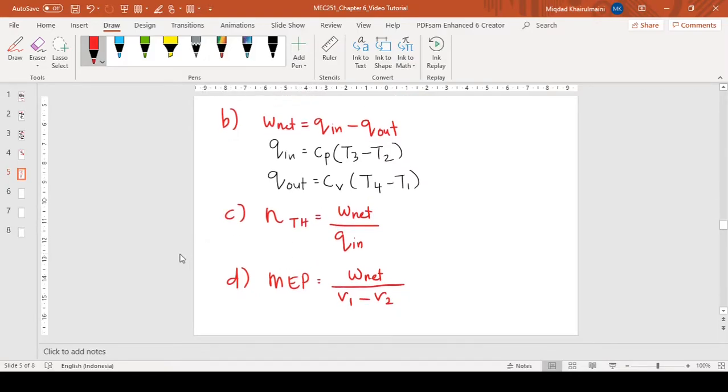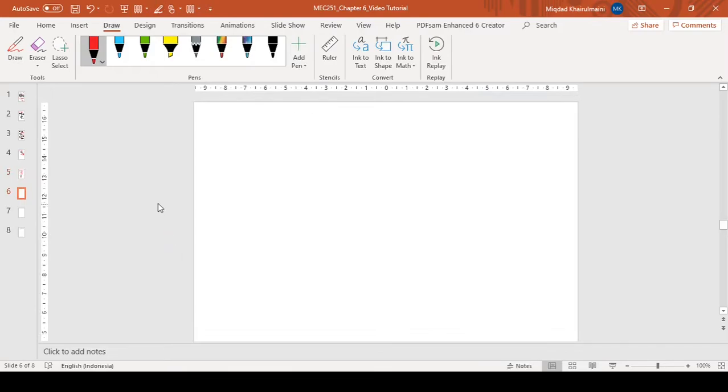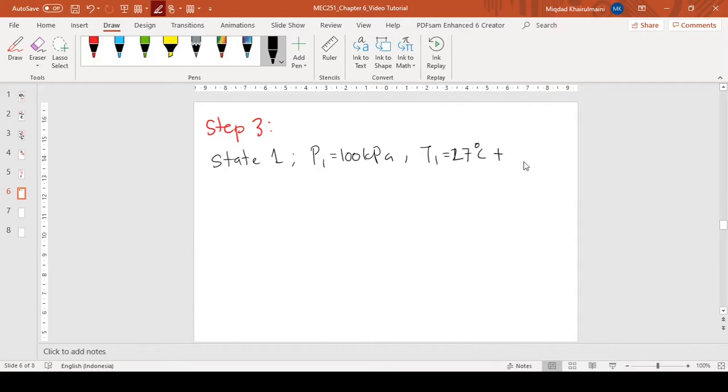So now for step 3 is to find all the required properties. So for state 1, what we have are the pressure and the temperature, which was 27 degrees Celsius, but we have to add 273 to change it into Kelvin.